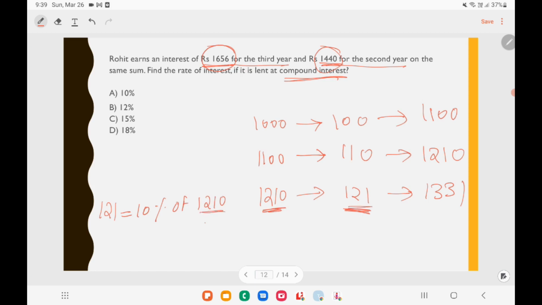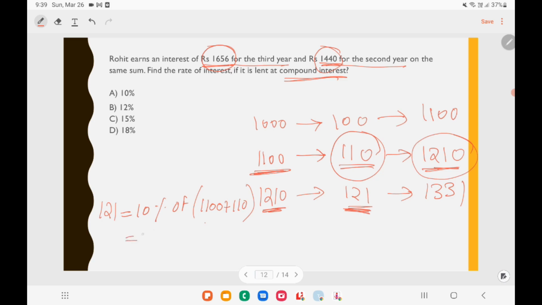Now I am splitting this 1,210 and I am writing it as 1,100 plus 110. Actually 1,210 is 1,100 plus 110, right? Because in the second year you are getting an interest of 110, and if you add that 110 to the amount that you have in the bank, that is 1,100, you are getting 1,210 at the end of the second year, right?